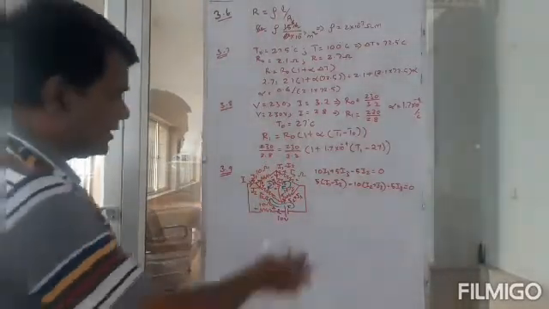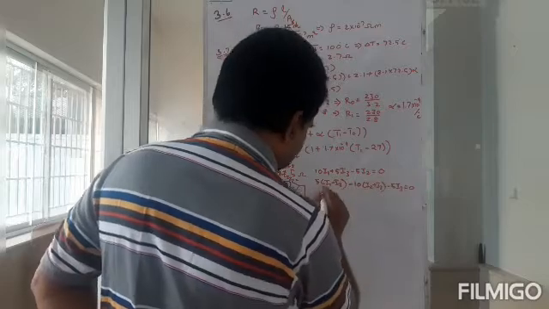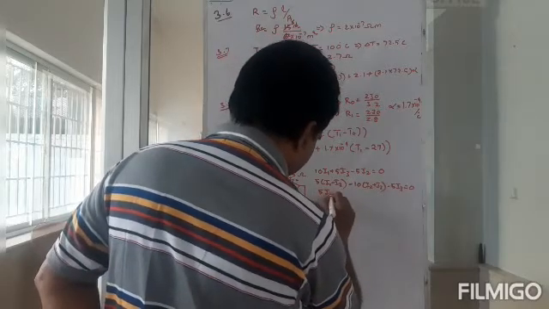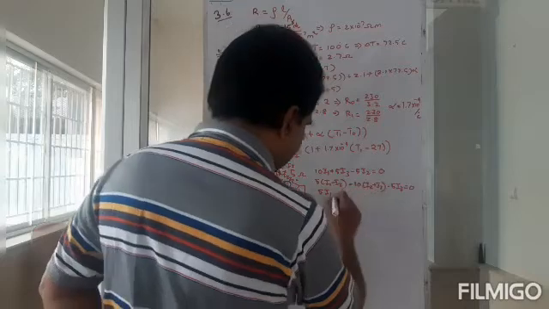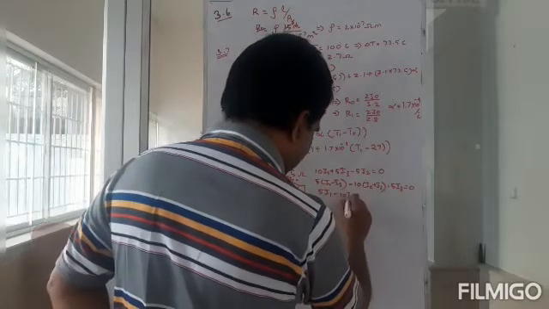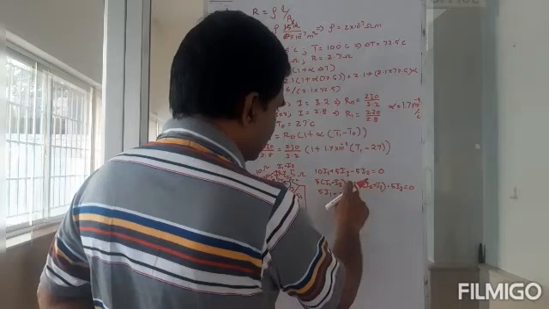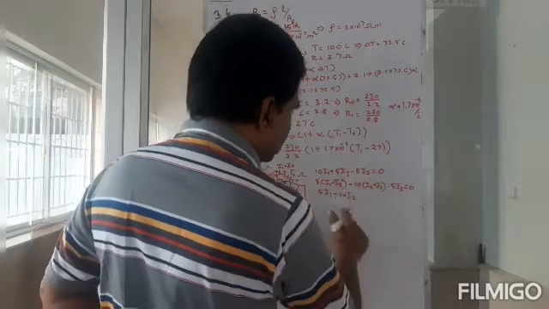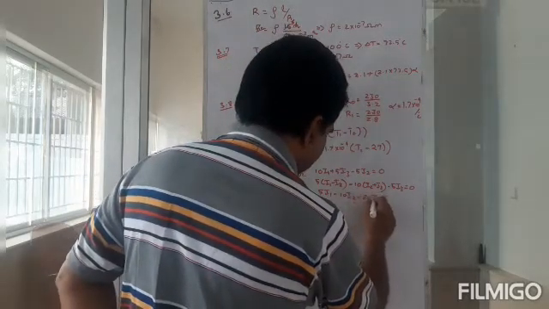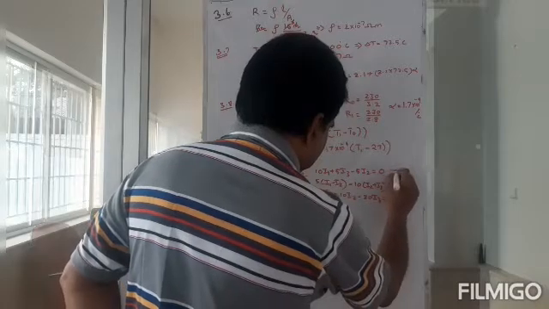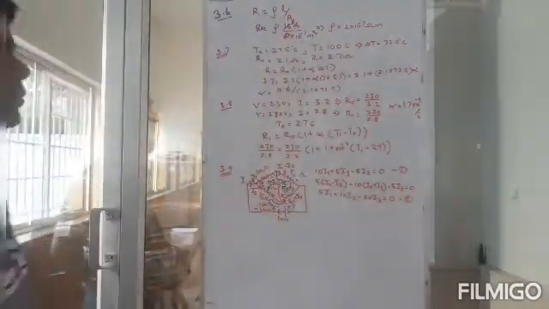Then reduce this. Get 5 I1. Is there any other I1? No. So it's going to be 5 I1, minus 10 I2. What about I3? Minus 5, minus 10, then minus 5, so minus 20 I3 equals 0. This is my equation 1, this is my equation 2, the second one.